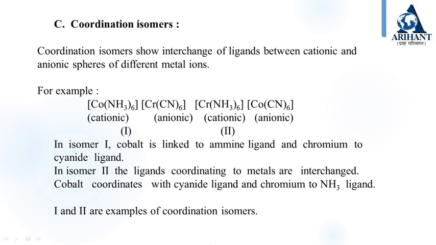In isomer 1, cobalt is linked to the amine ligand and chromium to cyanide. And in isomer 2, the ligands coordinating to the metals are interchanged, and cobalt coordinates with the cyanide ligand and chromium to the amine ligand. So compound 1 and compound 2 are examples of coordination isomers.